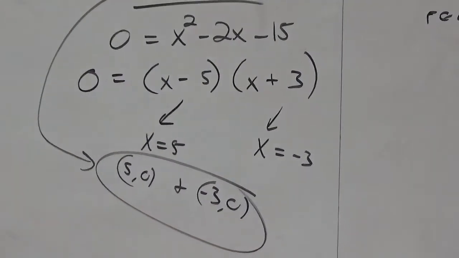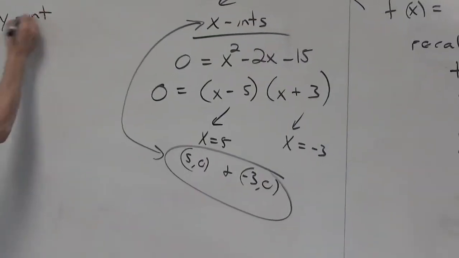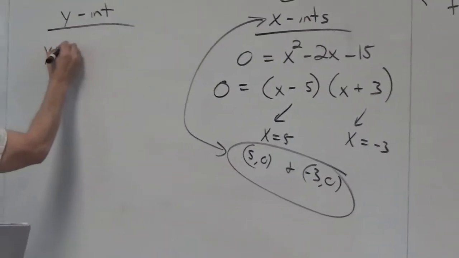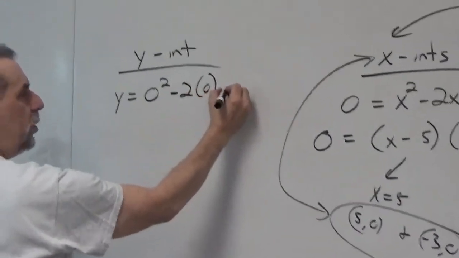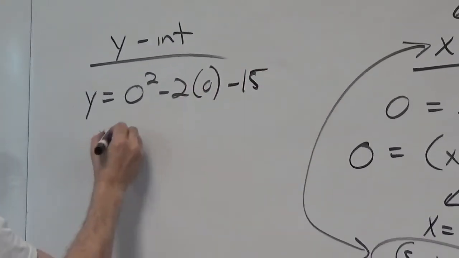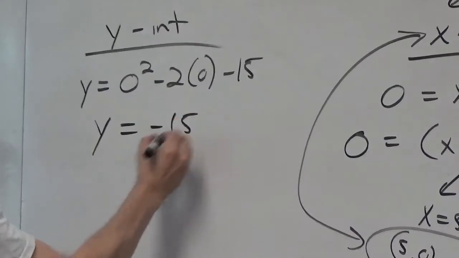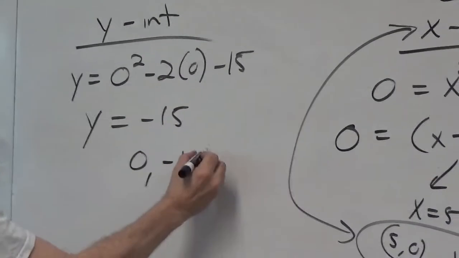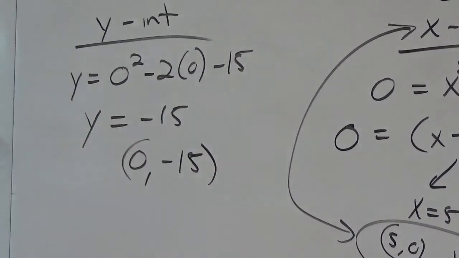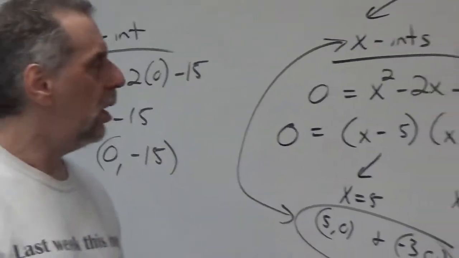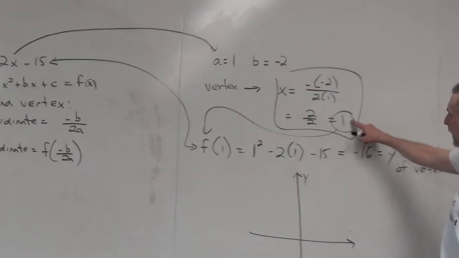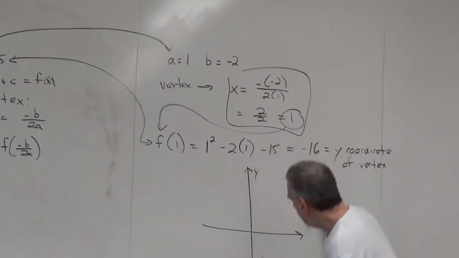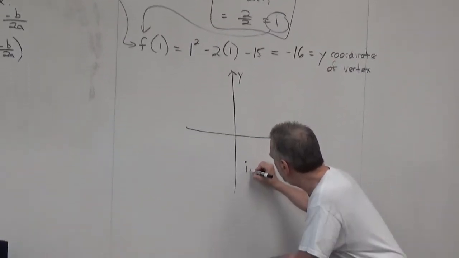The y-intercept, this is pretty easy. We just set x equal to 0, so we get 0 squared minus 2 times 0 minus 15. So that tells us our y-intercept is at (0, -15). And now we can pretty much sketch the graph. We know where the vertex is, (1, -16).